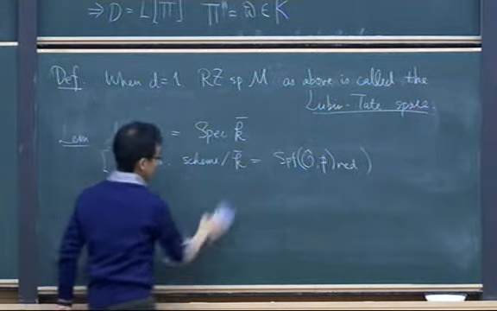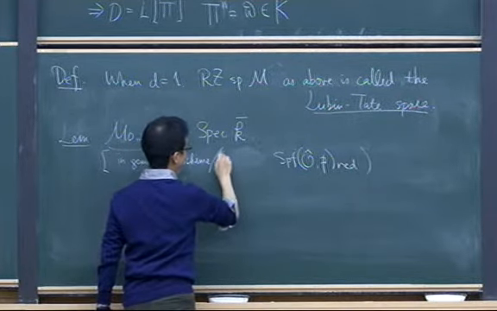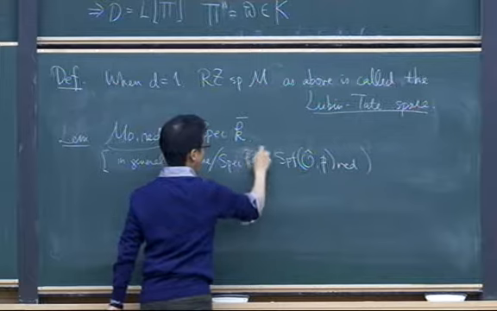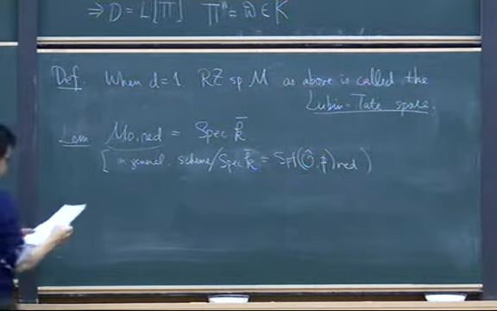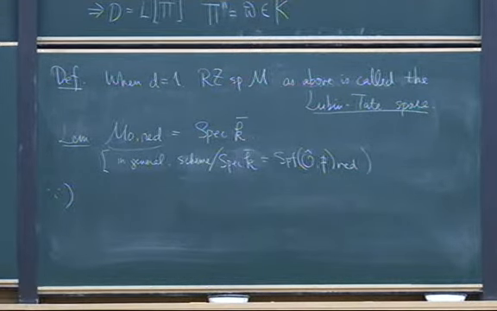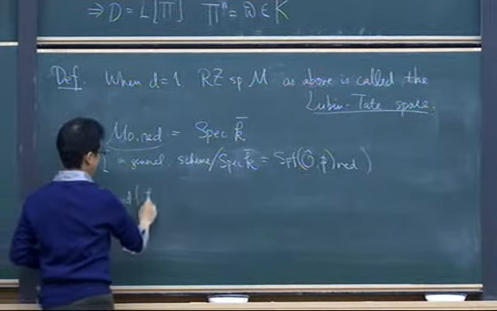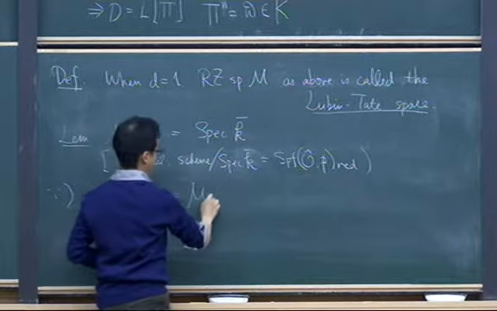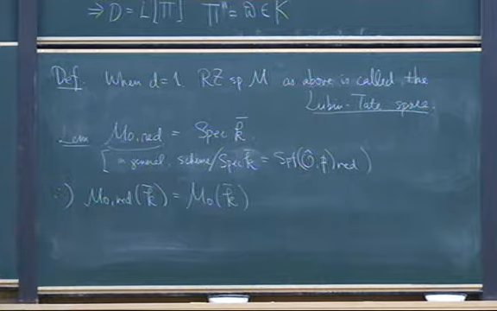Sorry, Spec k bar. But this has to be one point, and that follows from that fact. Well, k bar is a field, so it's reduced. k bar points all factor through the reduced part.